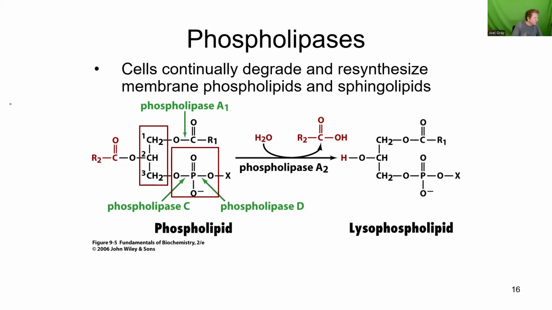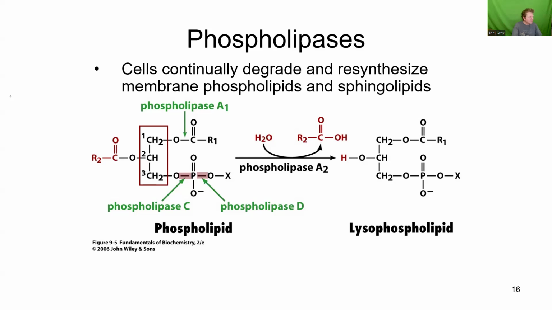What I would like you to focus on is which one of these cuts, phospholipase C or D, is going to release just the head group. If you imagine that C is cutting right here and D is cutting right here.